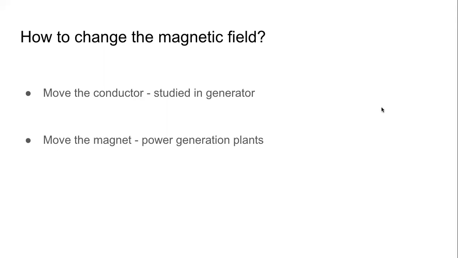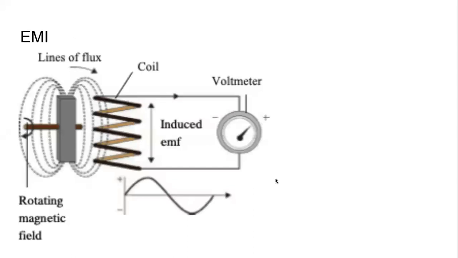So in those places, the big places where power is generated for a large population, in those generators, we don't move the conductor, we move the magnet itself. The conductor stays stationary, and we rotate the magnet around it. Slightly different. How? The principle remains same. Principle is electromagnetic induction.